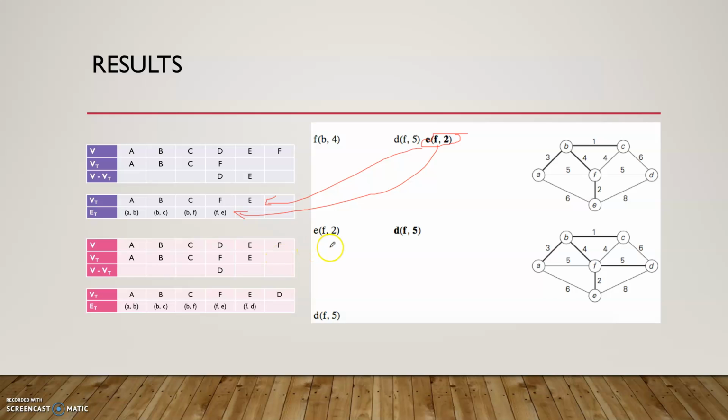And for the last iteration, it does the same thing, same logic, and it finds that the smallest is from F to D, and then adds the D to the VT list, and the edge FD to the ET list.